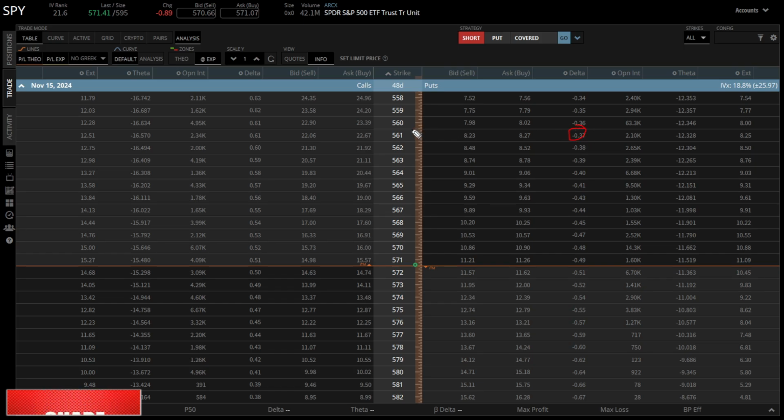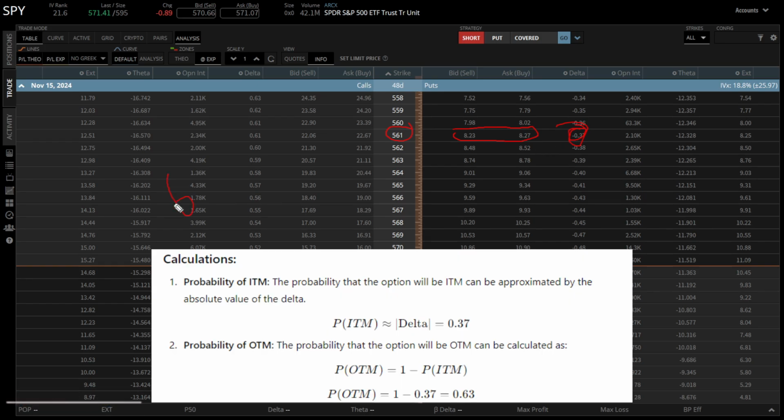So we're going to sell a put option at the 561 strike price, and you're going to collect a premium of roughly $8.20. In this case, our trade has a probability of being in the money of 37%. In other words, our trade has a probability of profit of roughly 63%.